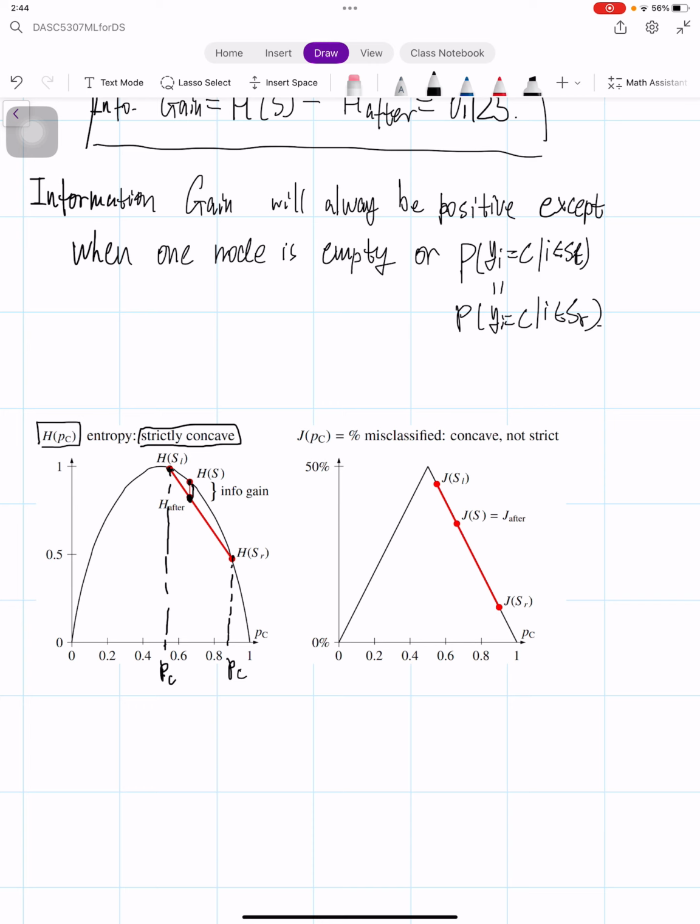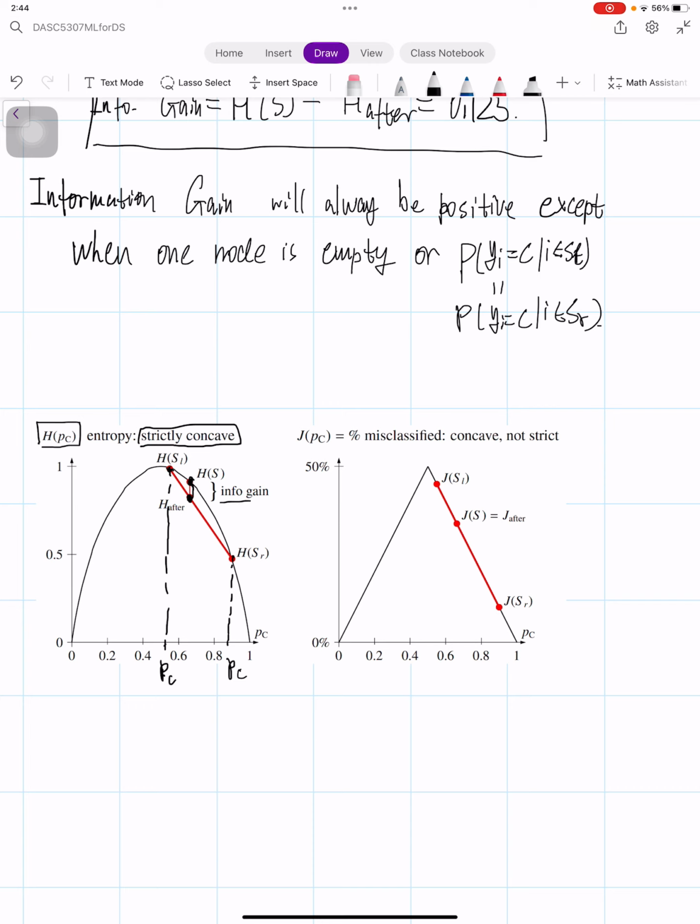Any point on that segment represents a weighted average of the two entropies for suitable weights. If you unite the two sets into one parent set, the parent set's P C is the weighted average of the children's nodes' P C. Therefore, the point directly above on the curve represents the parent's entropy.